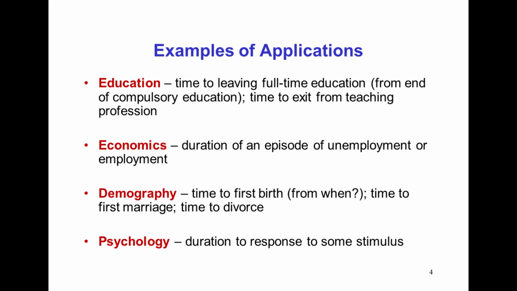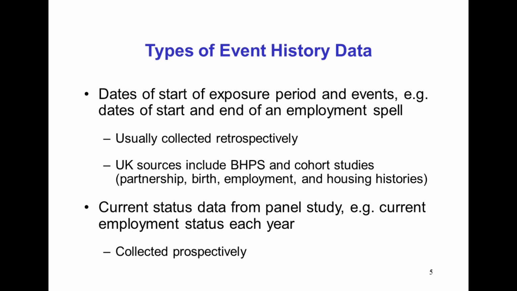Okay. Now, types of event history data. In the UK, we have a great wealth of resources that we can get this data from. In its raw form, what you very often have are a series of dates: the date when somebody becomes at risk of an event and the date that they experience the event.